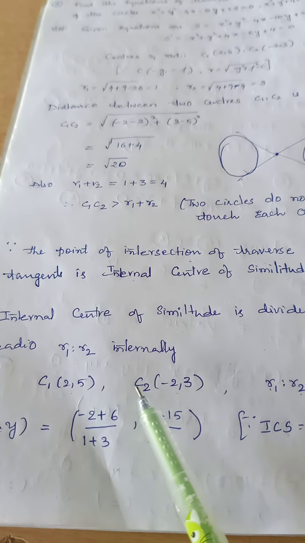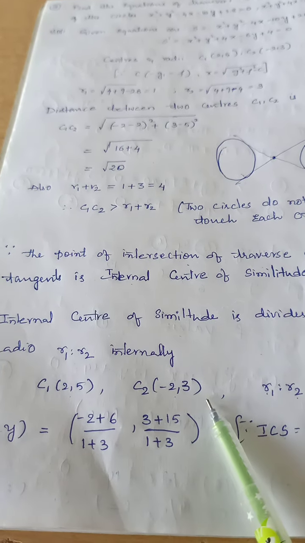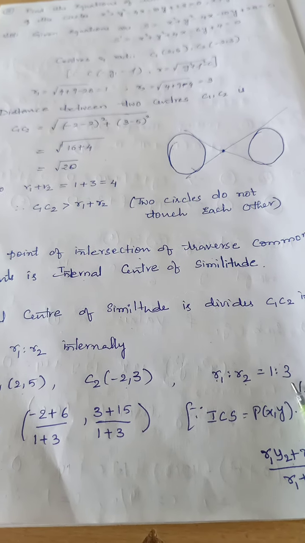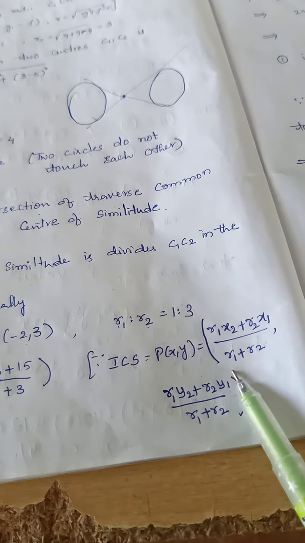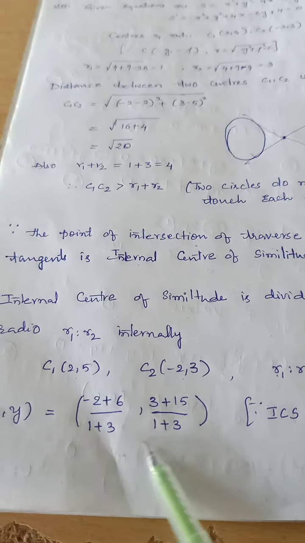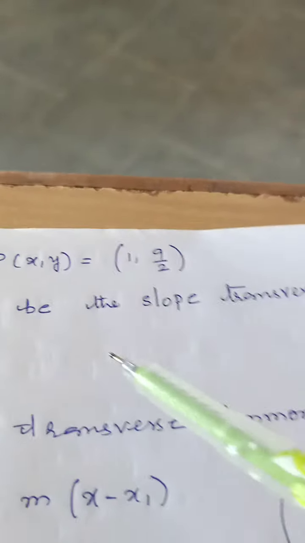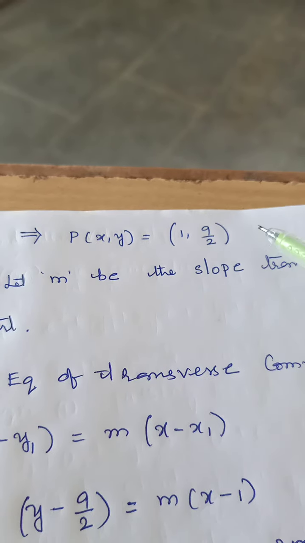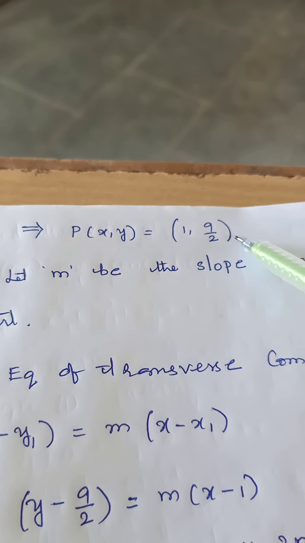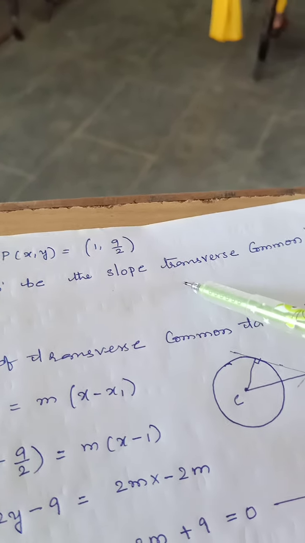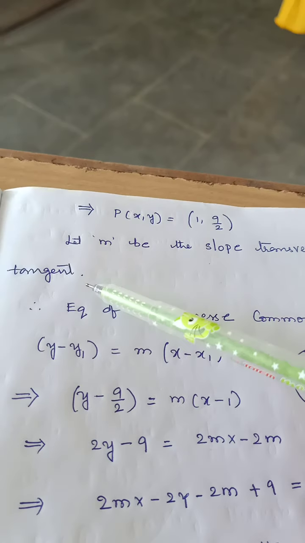C1 and C2 are the two centers of the circles, and the ratio is R1 : R2. Use this formula and substitute here. By simplification, we get the internal center of similitude, the point (1, 9/2). Let m be the slope of the transverse common tangent.